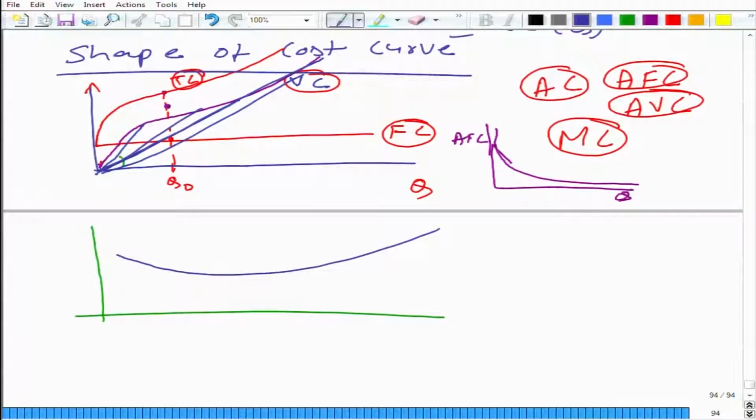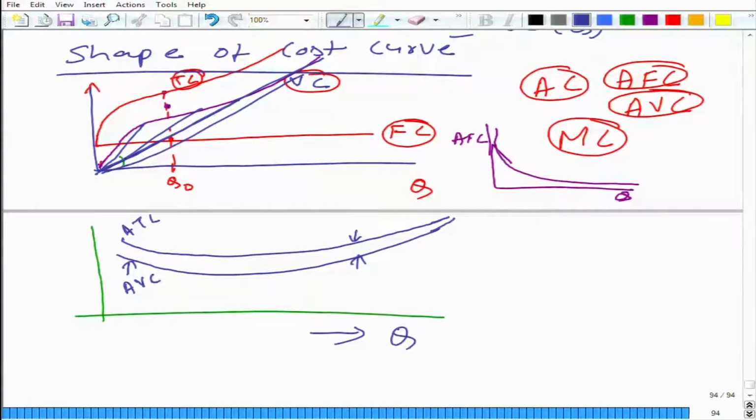Similarly, the average total cost is also decreasing and then starts increasing. One thing you should notice: as we increase the quantity, what is happening to the gap between the average total cost curve and the average variable cost curve?